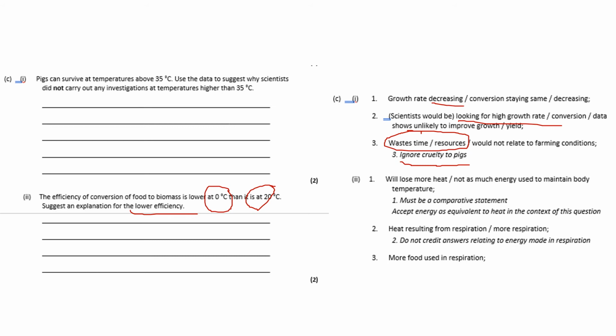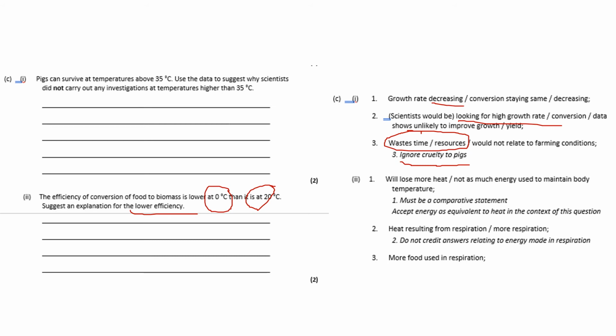So the first statement needs to be a comparative statement. So the pigs will lose more heat at 0 degrees, therefore they will use more of that energy to maintain their body temperatures.